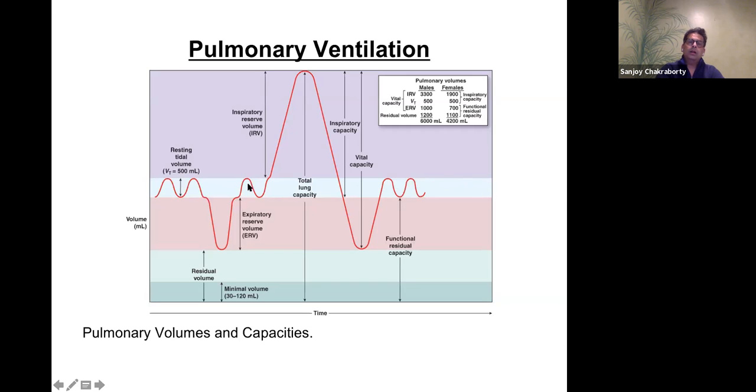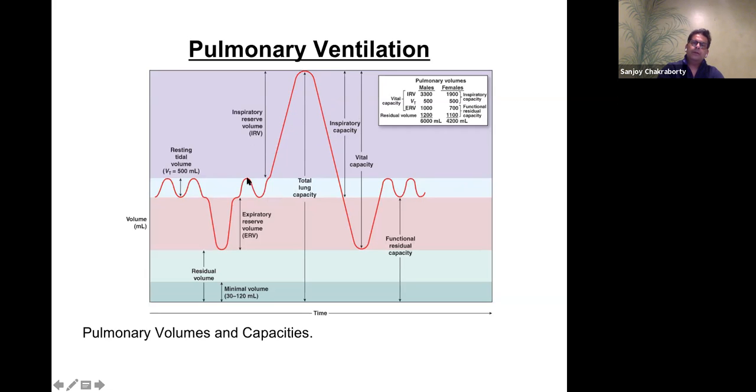And then if you want, you can breathe in a lot of air. This additional volume that you're breathing in is called inspiratory reserve volume. So if you have the ability to breathe in this much, and then you have the ability to breathe in this much, together, from here to here, we call it inspiratory capacity.